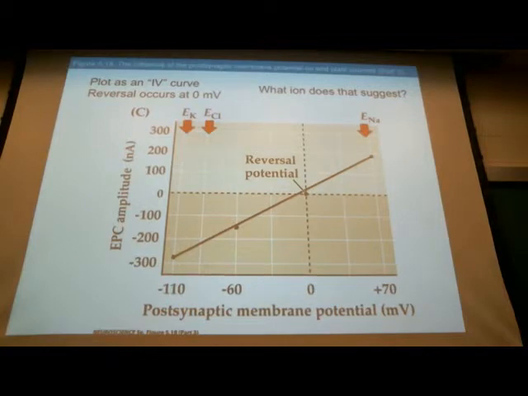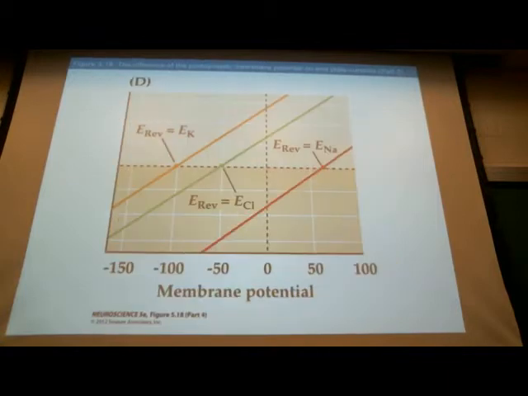Now I want to remind you, the reversal potential, the Nernst potential for potassium, is about here. For chloride, maybe about here, depending on exact concentrations, but roughly. Sodium is positive, it's way up here. So 0 is neither of these things. How can we tell what's causing this? Let's make a bunch of plots.